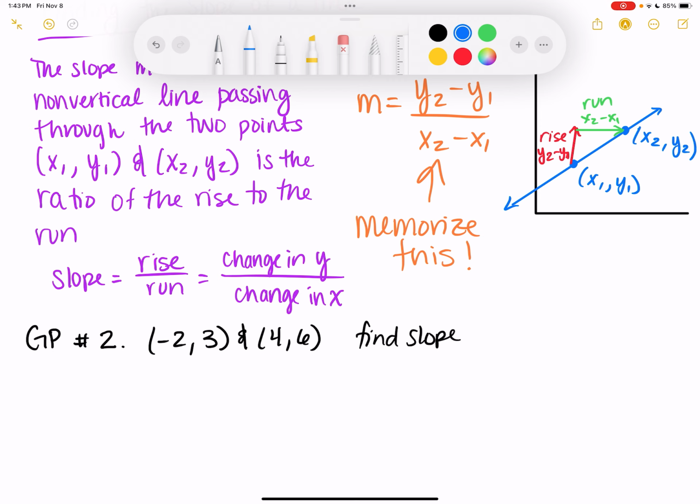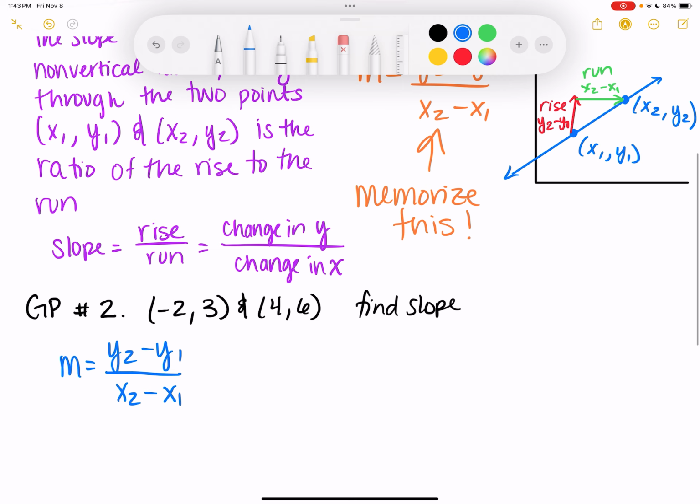I'm not going to require you to do that, but it's really beneficial so that you make sure that you know that, because when the quiz rolls around on Tuesday, you're going to want to make sure you know it, okay? So m equals y2 minus y1 over x2 minus x1. If it would help you, you can even go up here and say this is x1, this is y1, this is x2, this is y2, if you want.